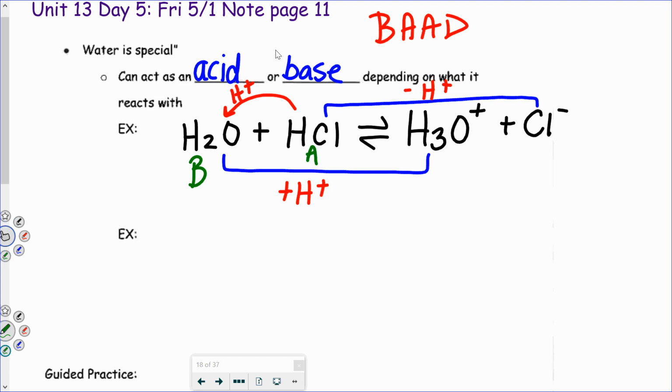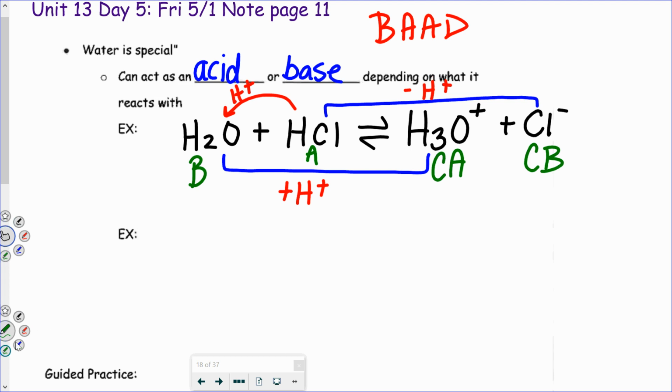Once you figure out what your acid is and what your base is, you can figure out the conjugates on the product side. My base always goes with the conjugate acid, and the acid always goes and is bracketed with the conjugate base. Now this is an example where water, H2O, acts as a base because it is accepting a proton or a hydrogen ion from HCl, which is a strong acid.